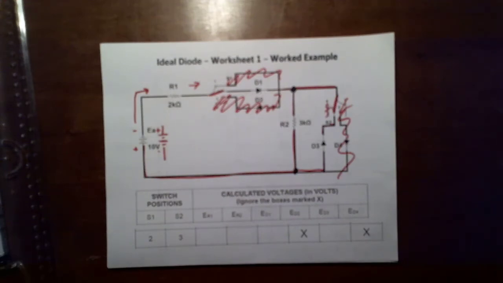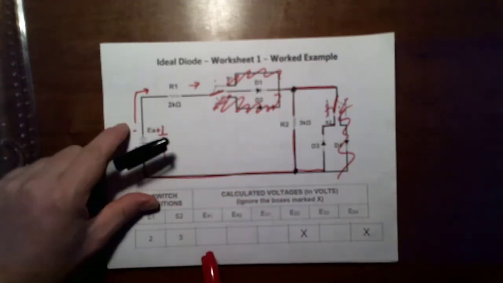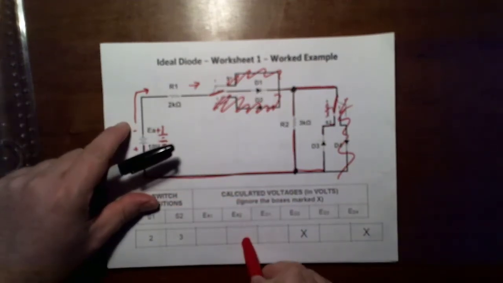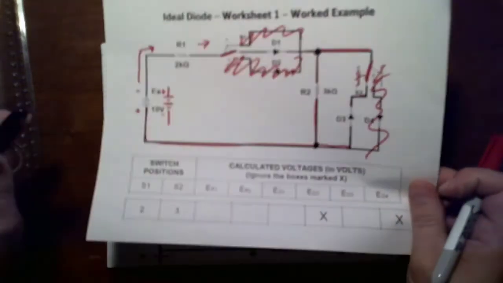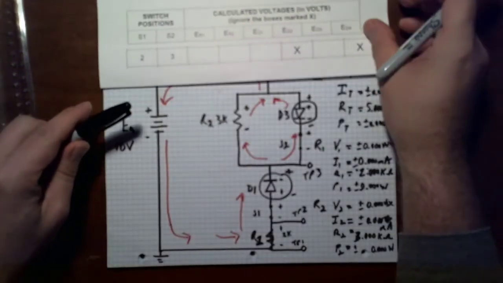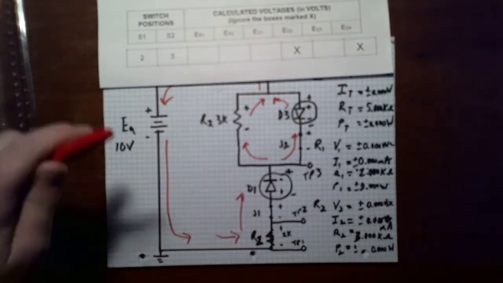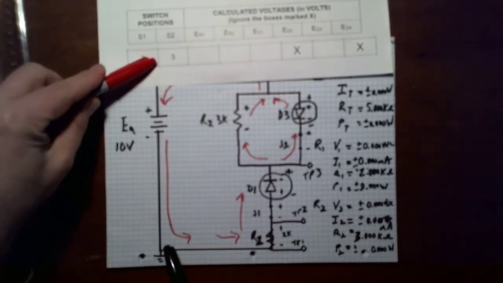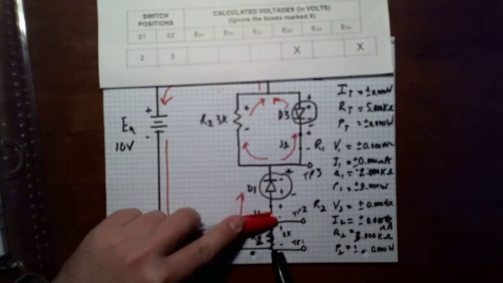Okay, so we said that we were also going to come up with our measurements for what was happening in this circuit. So we need to know the voltage across R1, R2, diode 1, and diode 3. If we go back into our sheet, the voltage across R1 was 0.